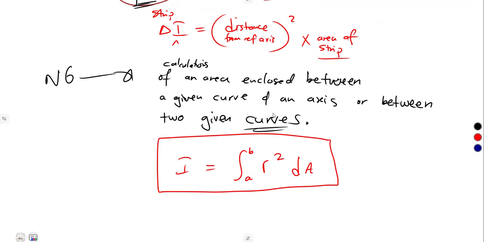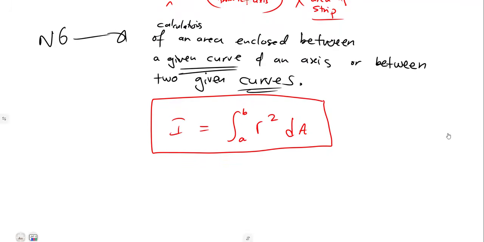Only that it is considered now from the graphs. You have a graph that you are supposed to draw, a curve that you're supposed to sketch. Then from that sketch, consider the area expression. Remember your area expressions from our curves, and the r there being the distance from the reference axis from what you are given.